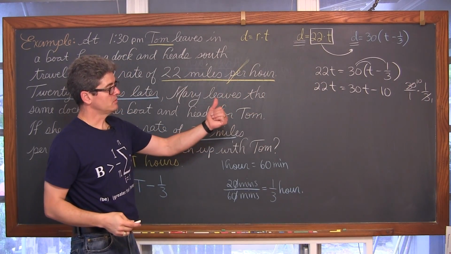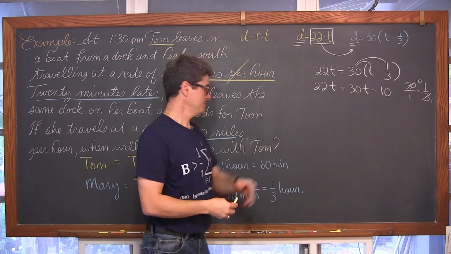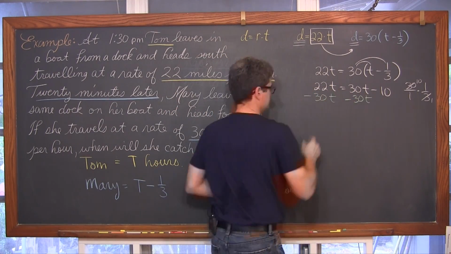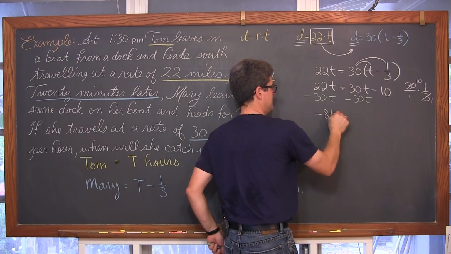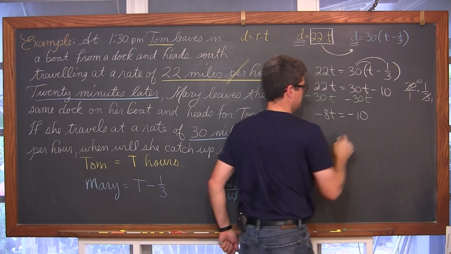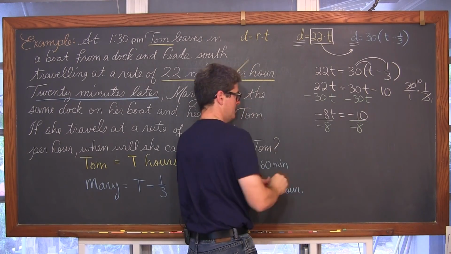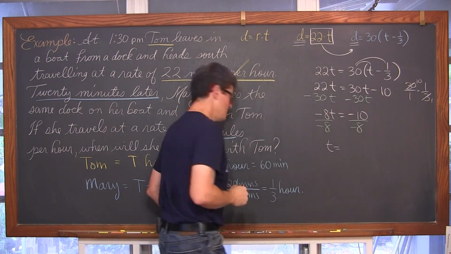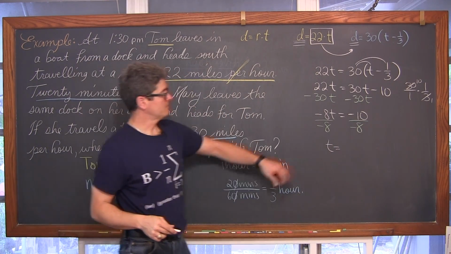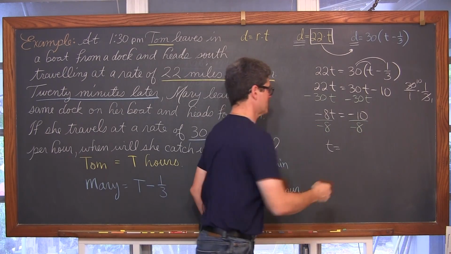So we're going to subtract both sides by 30T, and get negative 8T is equal to negative 10. We're going to divide both sides by negative 8 and get T is equal to, now a negative divided by negative is positive, so those are going to cancel out.